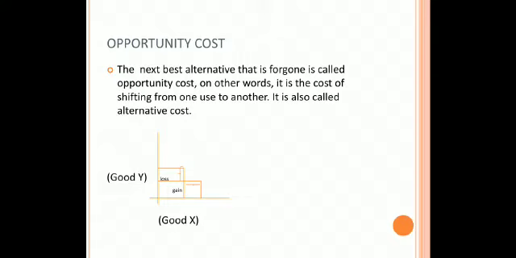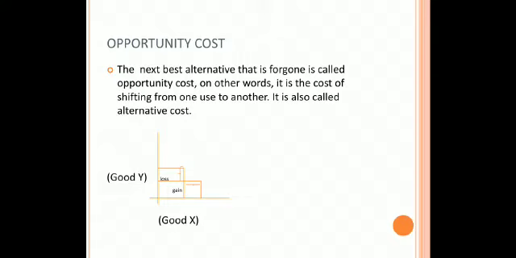Suppose you are working in a bank at a salary of rupees 40,000 per month. Further, suppose you receive one more job in which you are getting a 50,000 salary. It means you are shifting from one job to another, or we can say that you are sacrificing 40,000 for gaining rupees 50,000.